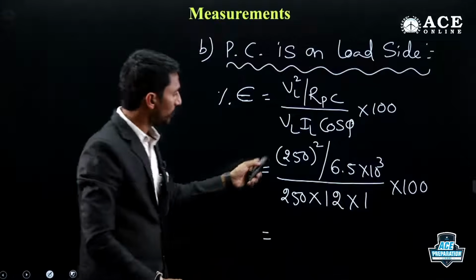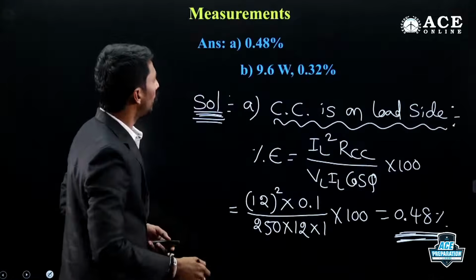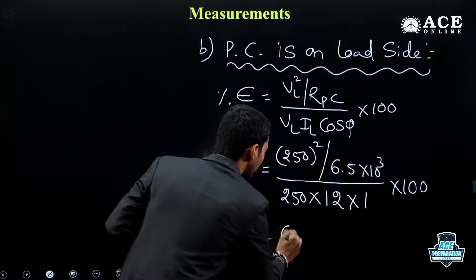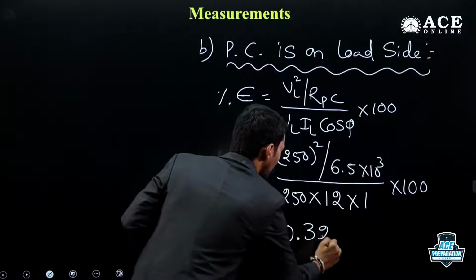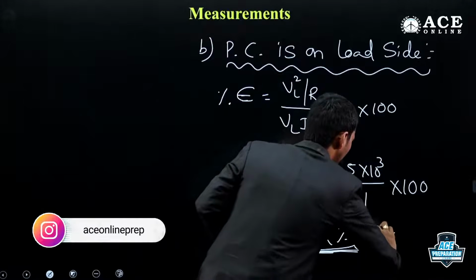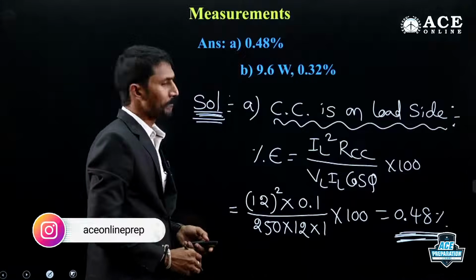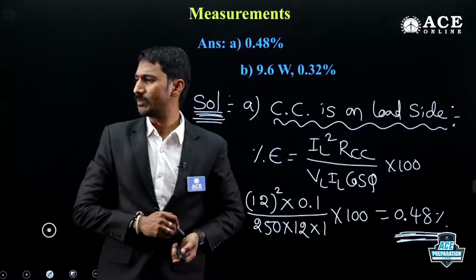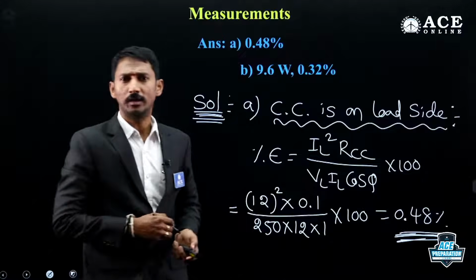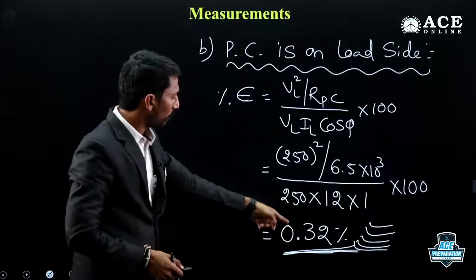Clear? If you simplify this, you are going to get the error directly, approximately 0.32%. Kindly verify your values with my values. Come on guys. This is 0.48 and this is 0.32.